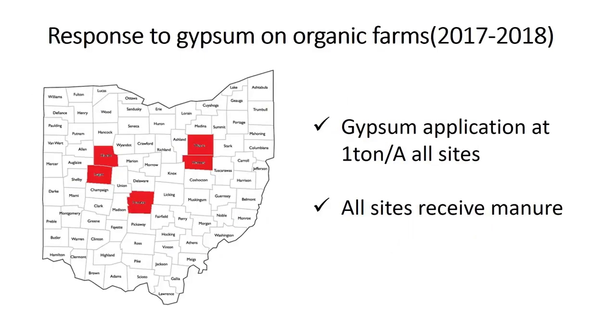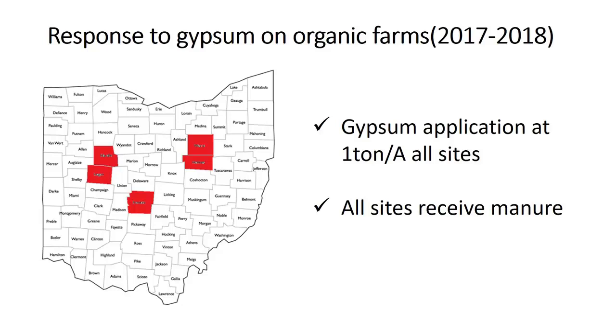So the first one is my thesis, looking at the response to gypsum on organic farms. I won't go into much detail about the methodology, but basically we applied gypsum at 1 ton per acre in a block design, with some control plots. And because these are organic sites, almost all sites received 1 or 2 applications of manure throughout the growing season.